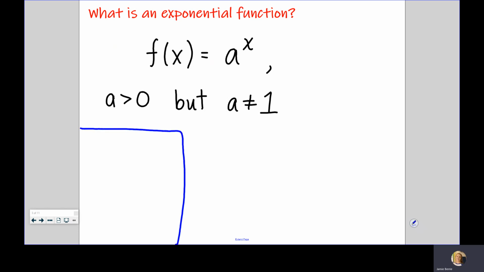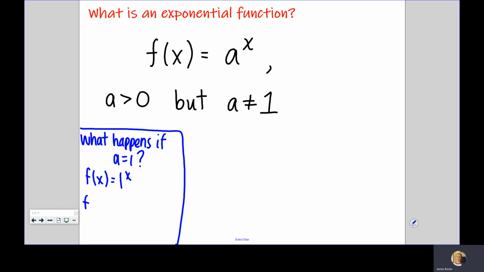So let's imagine what happens if a is equal to 1. So if a was equal to 1, your exponential function would look like this, 1 to the x. Now let's just see what happens when we plug in numbers for x.